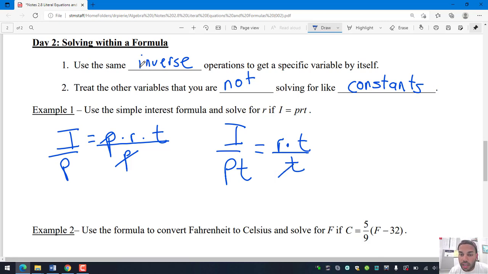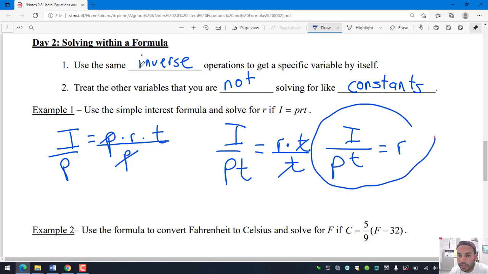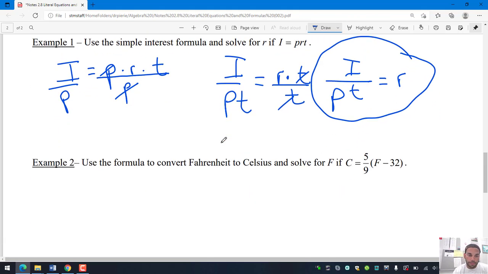So this cancels with this, and on my right side, R is completely isolated, which is what I want. And then my left side is going to be I in the numerator, or I on top, and then P times T in the denominator. And R is all by itself. This is isolated.